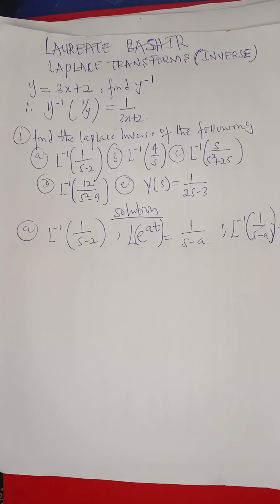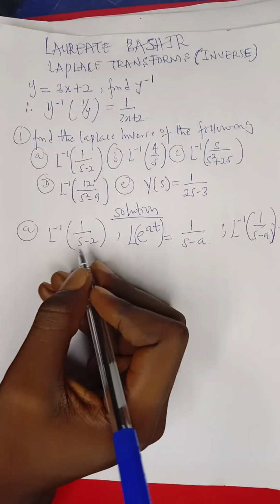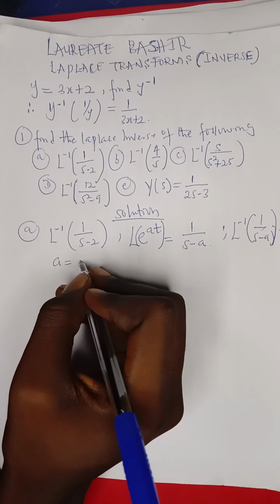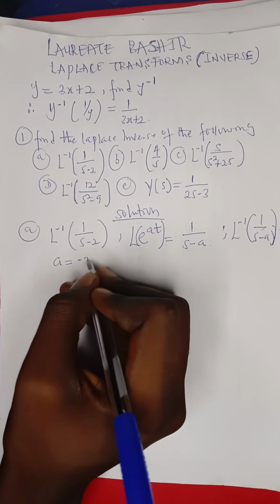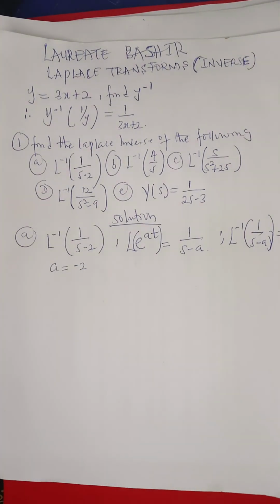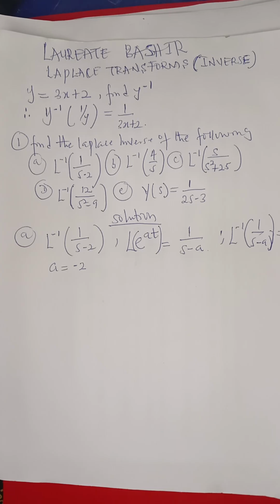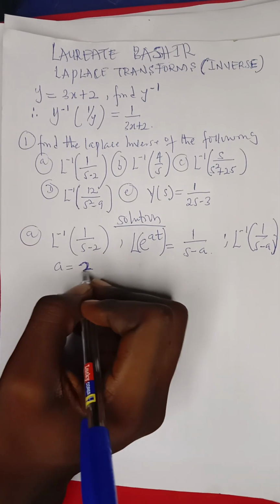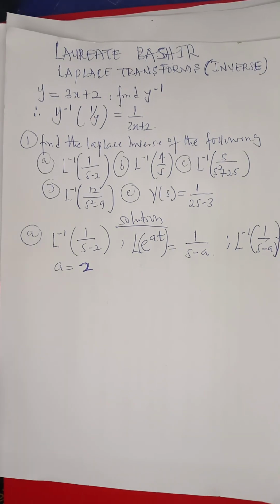So it's just the opposite. Now look at this. Your a here is like 2. Sorry, a is like 2, right? So you put it there.